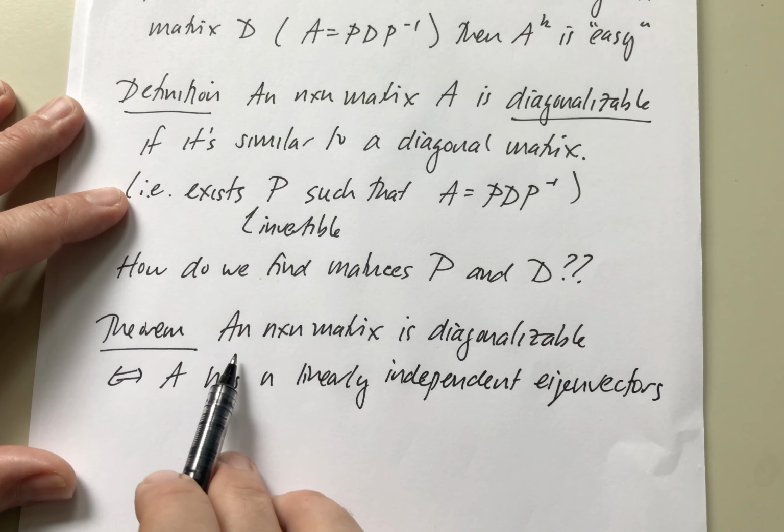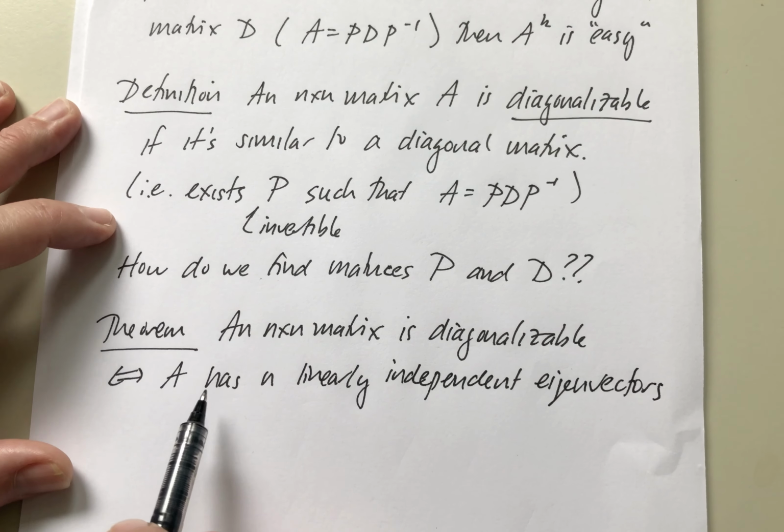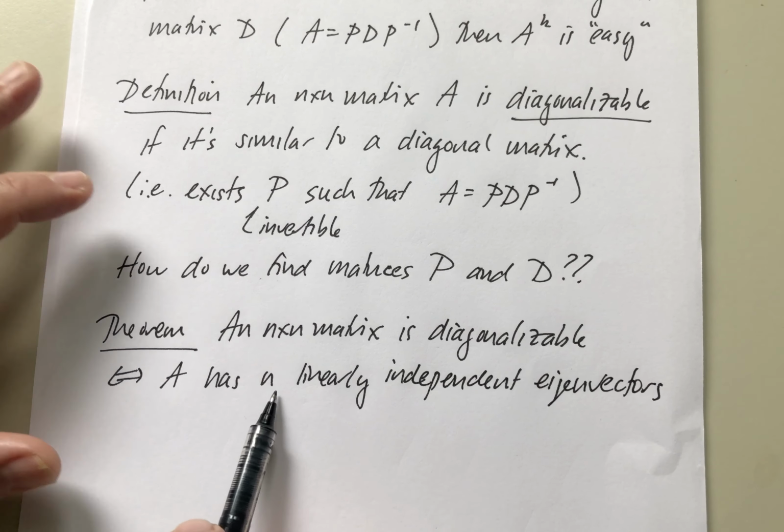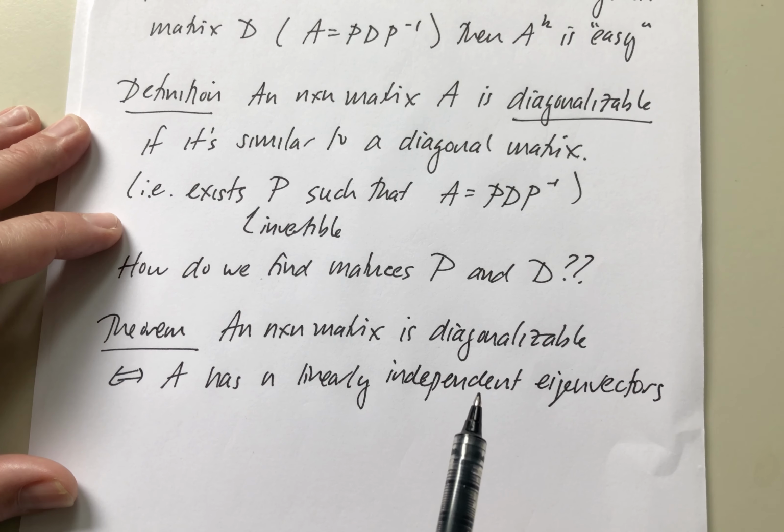Again, we're saying that a matrix is diagonalizable, meaning it's similar to a diagonal matrix. That happens if and only if you have the most you can have, n linearly independent eigenvectors.